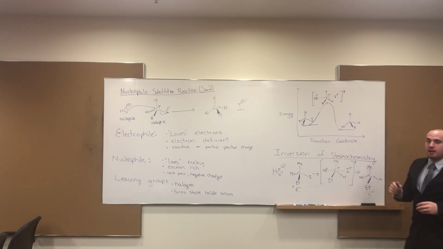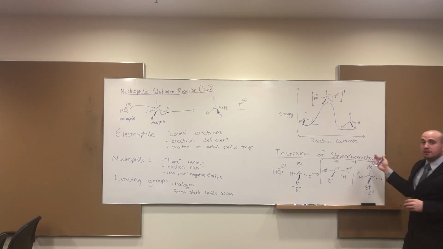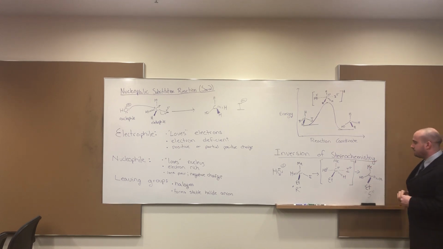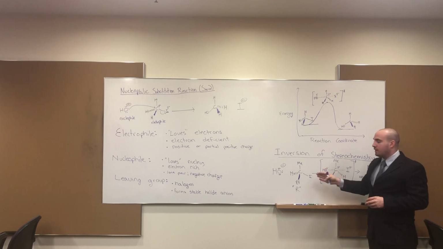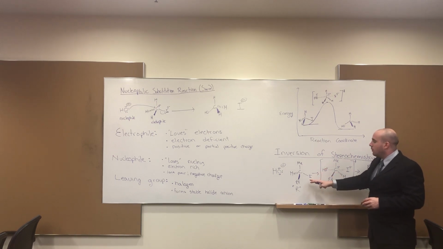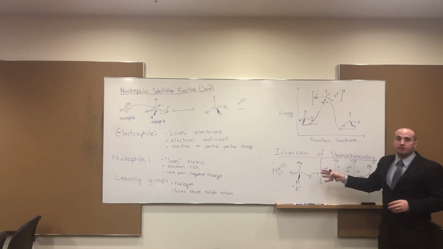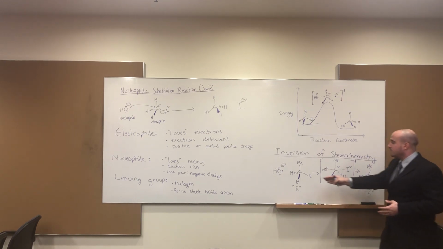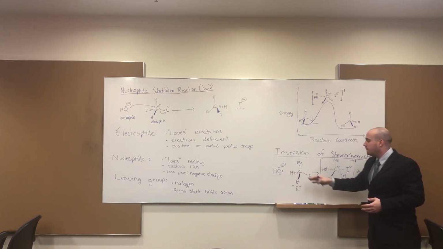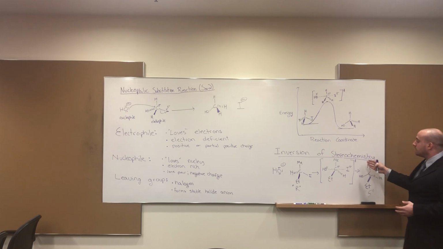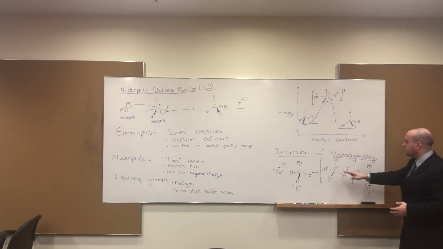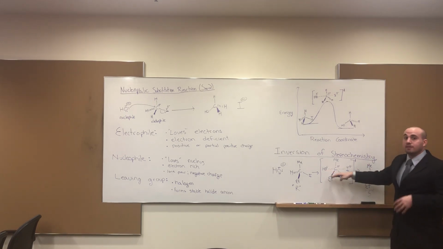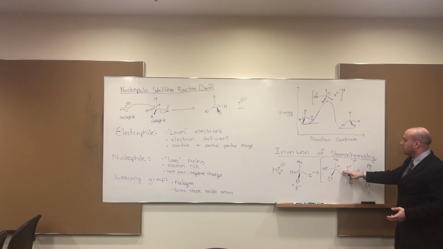The last concept that I'd like to introduce for this reaction is the inversion of stereochemistry. Let's say that we have a more complicated electrophile that has a chiral center. We can envision this electrophile going through a similar process where it's attacked by the hydroxide anion. And when we move to look at the transition state, we also have the new bond being formed at the same time as the bond being broken.